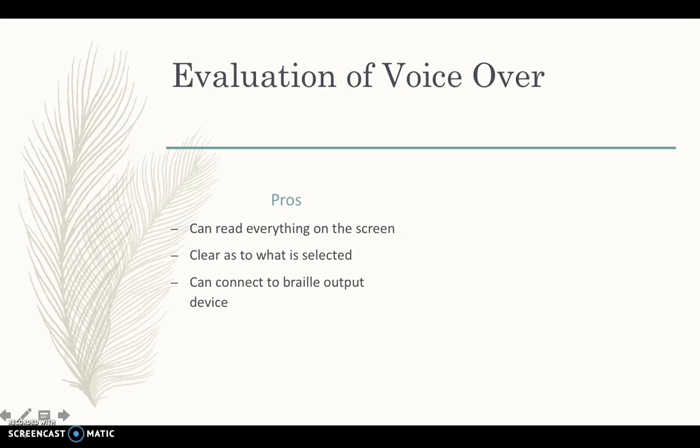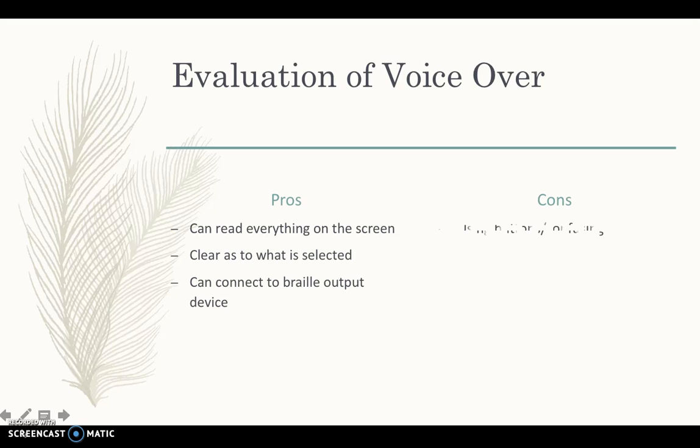Another pro is that it can connect to a braille output device. Before, a screen reader was described as a device that can give this information to a student orally or through a refreshable braille display. So VoiceOver can connect to something like a refreshable braille display.